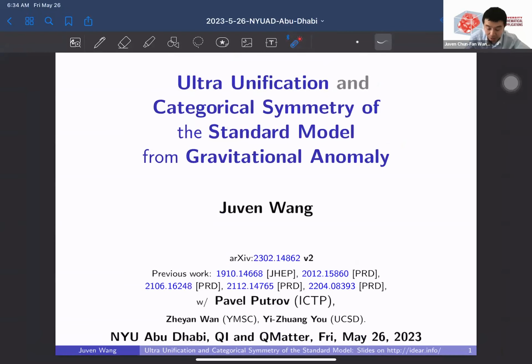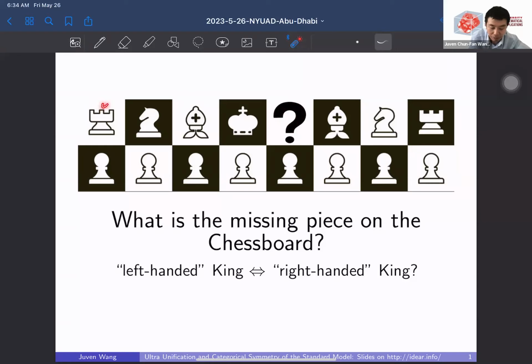What would you guess the missing piece is? If you had never played chess before, you would look at the reflection symmetry with respect to this axis. There's a rook, a knight, and a bishop, and they are reflection symmetric. So you might guess that if there's a left-hand side king, there should be a right-hand side king.